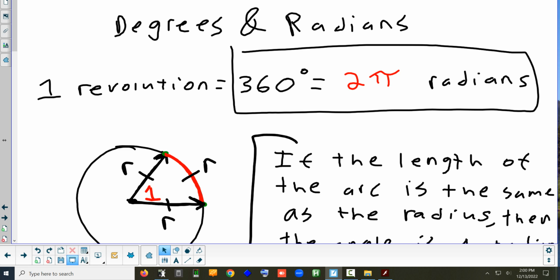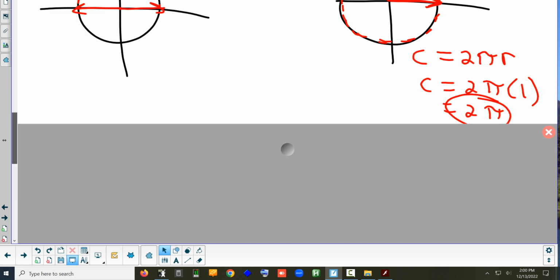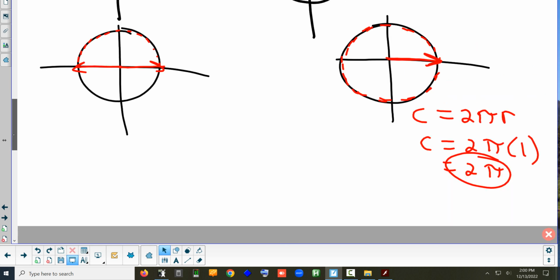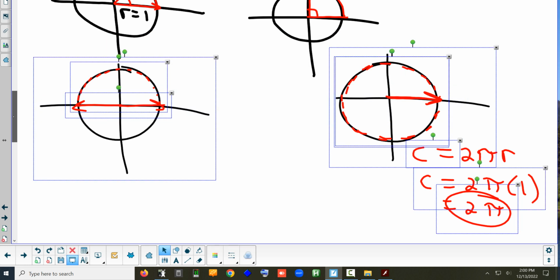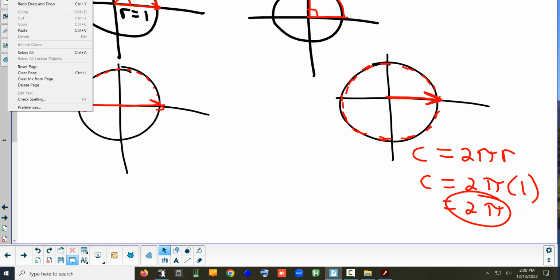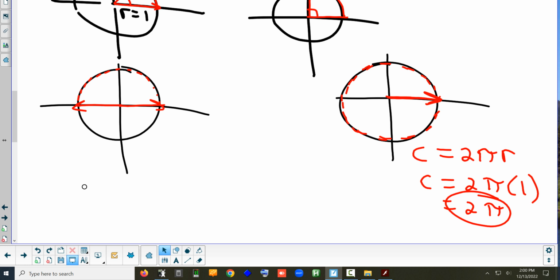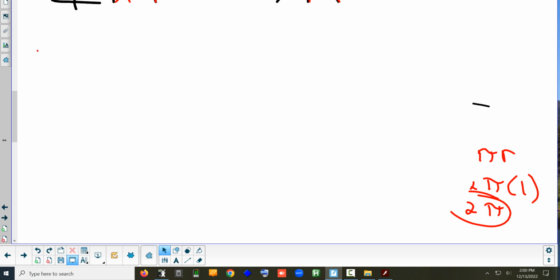So now we know a connection between degrees and radians. 360 degrees equals 2 pi radians. I'm going to write that down right here. So 360 degrees equals 2 pi radians.